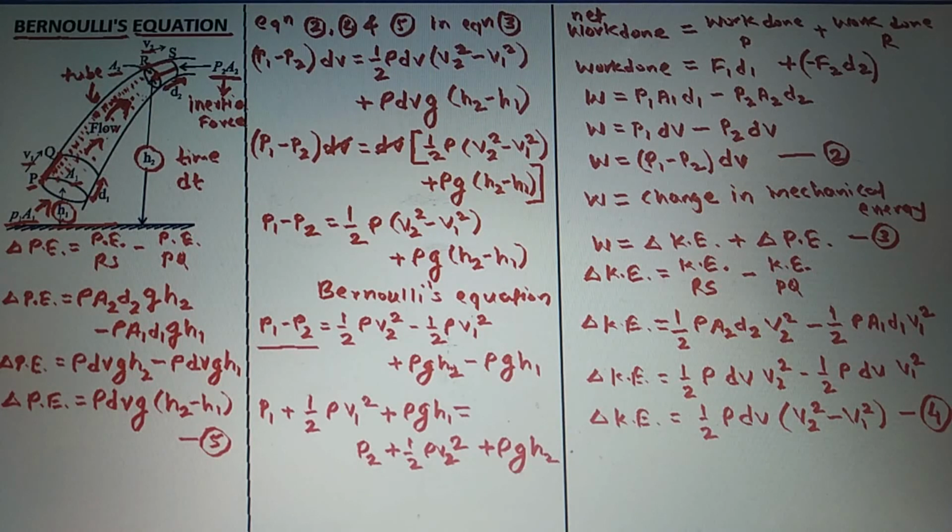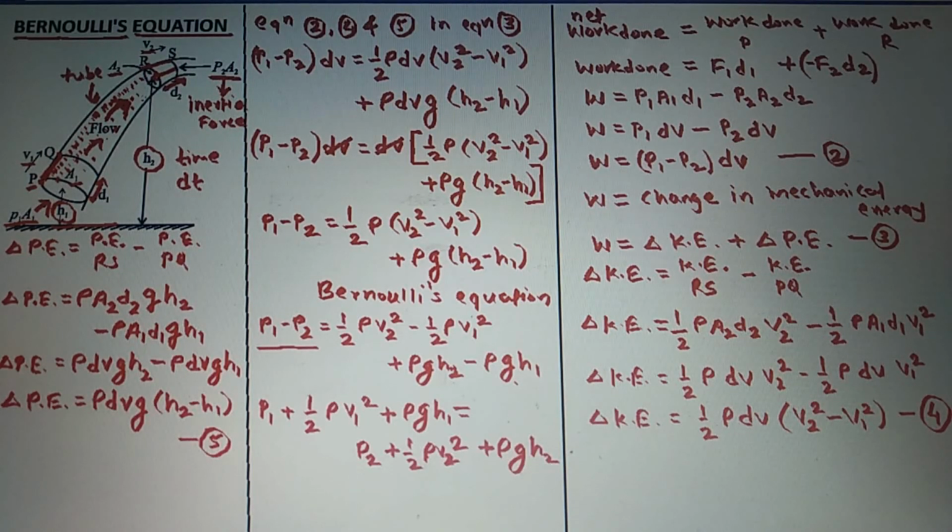Now we shift minus 1 by 2 rho V1 square and minus rho g H1 to the left side, so we write P1 plus 1 by 2 rho V1 square plus rho g H1 is equal to, shifting minus P2 to the right side, plus P2 plus the remaining terms 1 by 2 rho V2 square plus rho g H2.